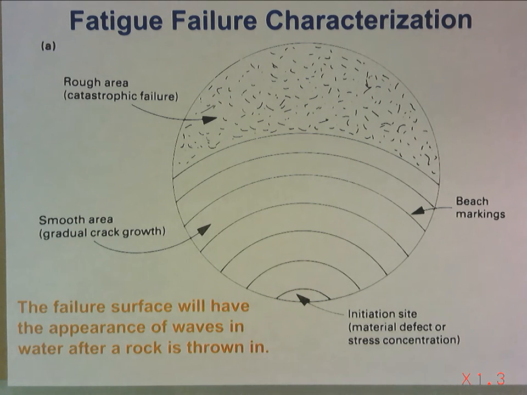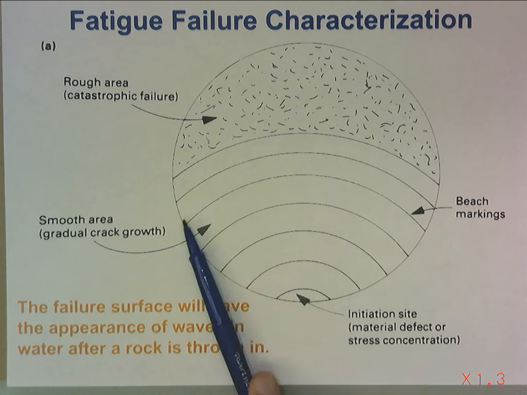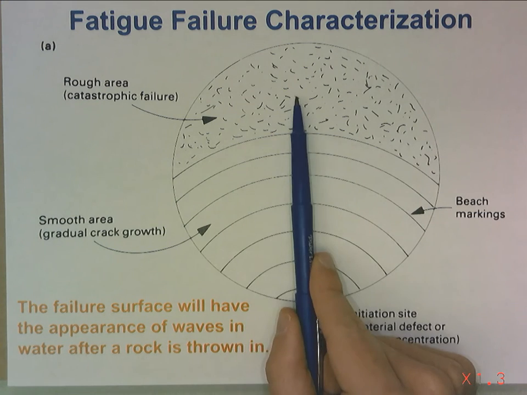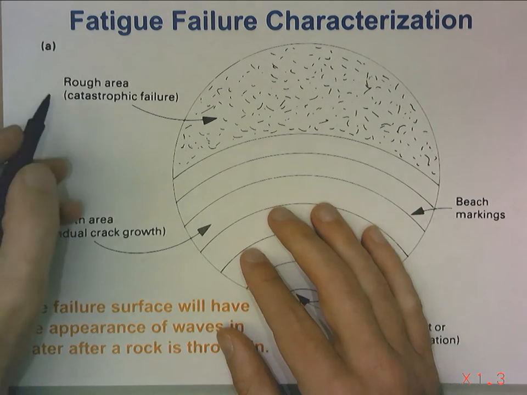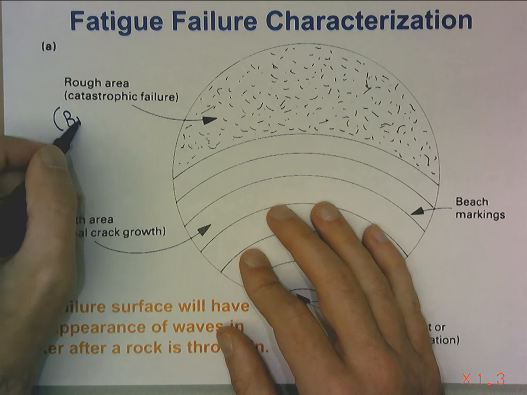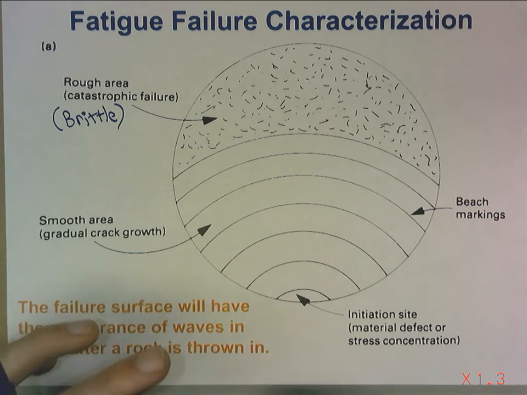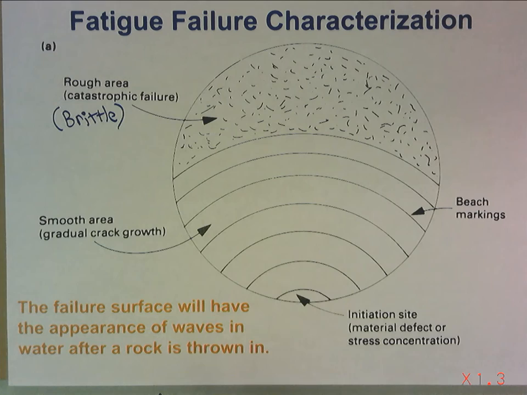This is the general breakdown of the fatigue failure. It's labeled. We've talked about beach marks and initiation sites. There's a relatively smooth area with beach marks that is a wavy pattern. And then we'll have a rough area that is a final catastrophic, usually brittle failure. That's essentially a brittle impact failure.